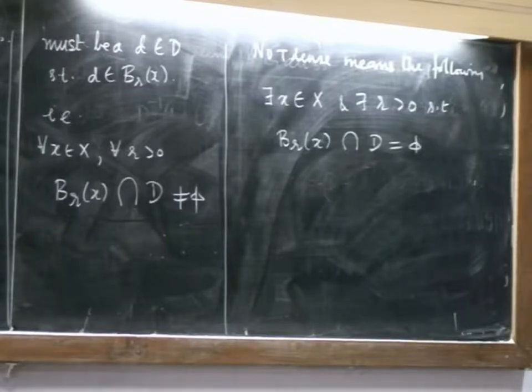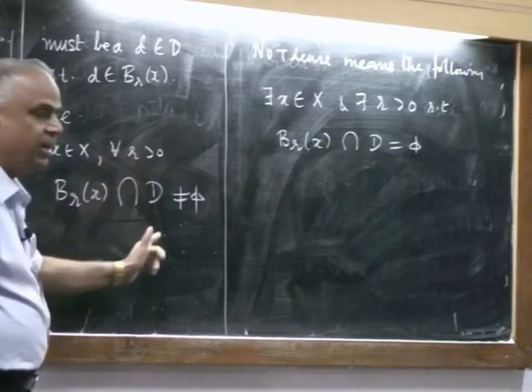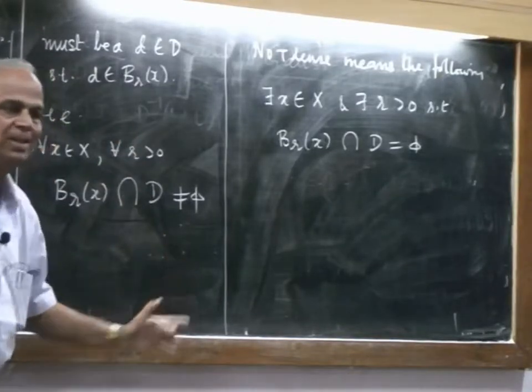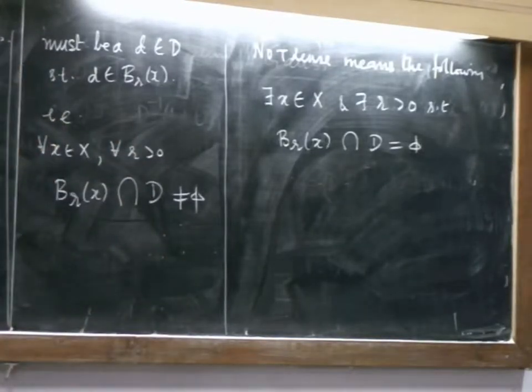It is not that for every x in R and for every r. No, that's not what it says. At least in some place it fails. The points of D are like mosquitoes in Bangalore. They are dense. Wherever you go and however small a mosquito net you put, there will be a mosquito inside.